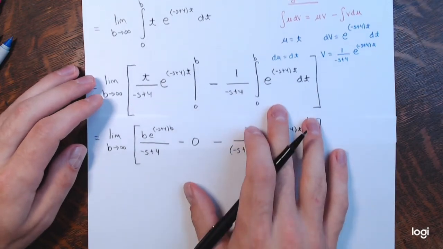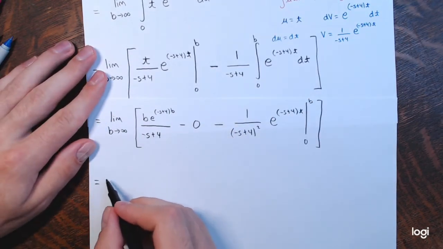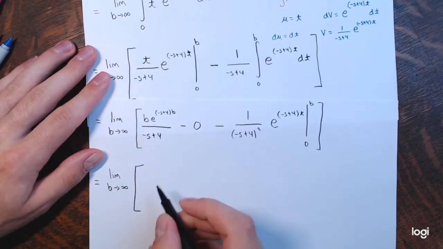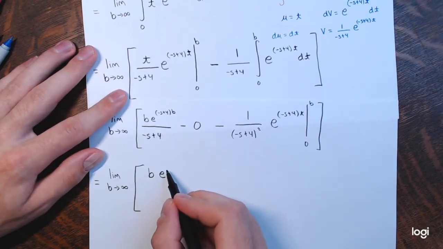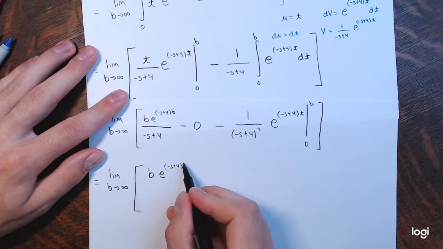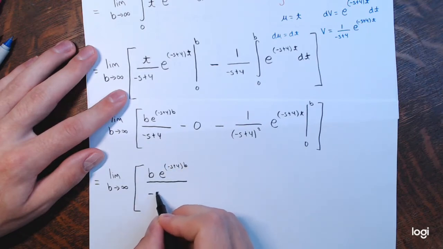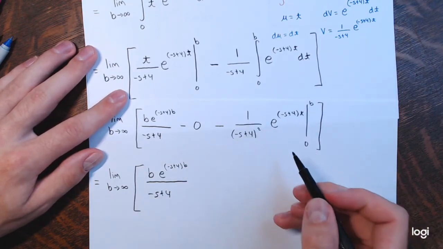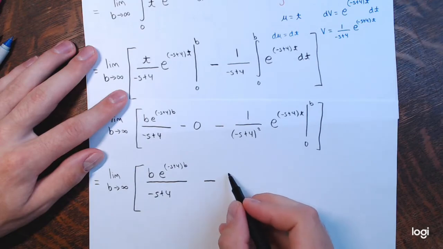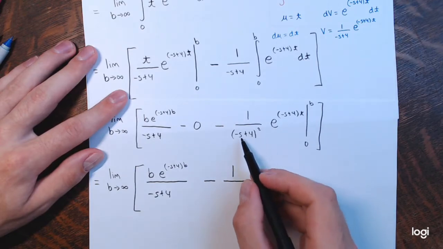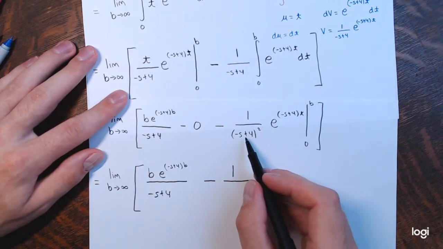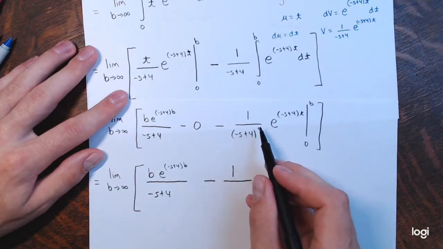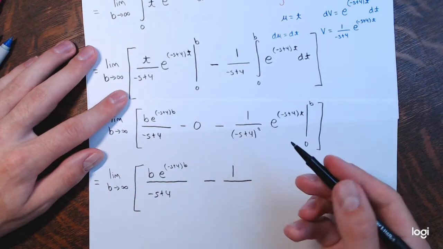So I'll write this out further. Limit as b approaches infinity of b times e to the negative s plus 4 times b over negative s plus 4, then minus 0, which I'm not going to write. And then this stuff, you have minus 1 over, now I hope you see this, if I pull a negative 1 out of this, it's being squared, so that would make a positive 1, and I'd have s minus 4 left over.